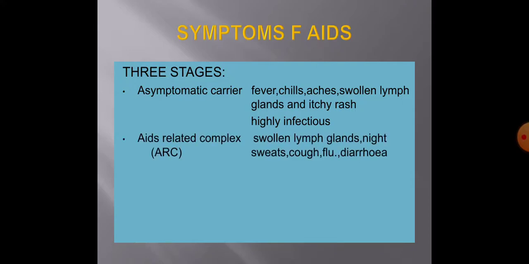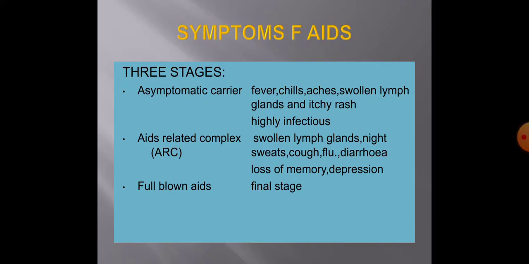The second stage is AIDS-related complex, or ARC. The most common symptoms are swollen lymph glands in the neck and armpit region as well as the groin region, but other symptoms include night sweats, persistent cough, flu, diarrhea, loss of memory, depression, and inability to think clearly.